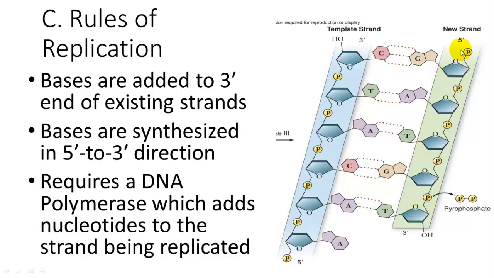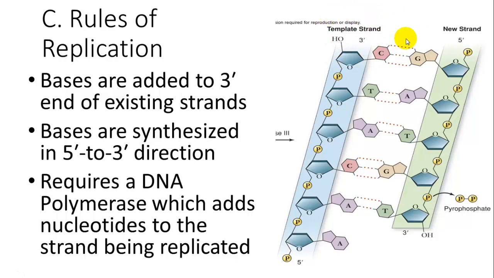And you can't add one onto the 5' carbon. So you can't add a new strand on here. You have to add it onto the 3' end. Okay? And so bases are synthesized in the 5' to 3' direction. So you put the 5' on top and the 3' on bottom. So that means on this one, which is going the opposite direction, you have to add it on this side, on the 3' end.